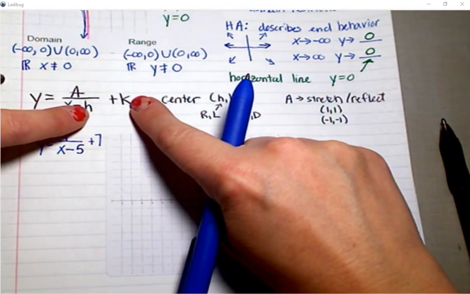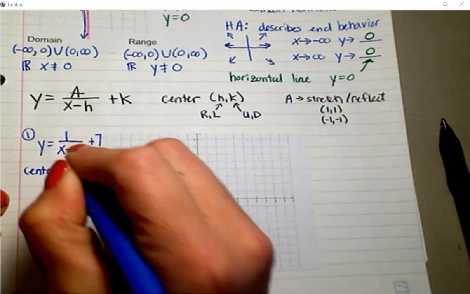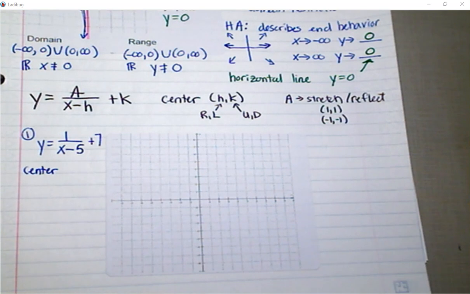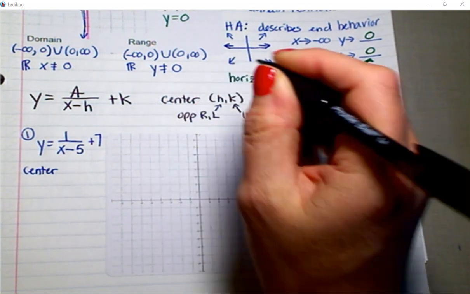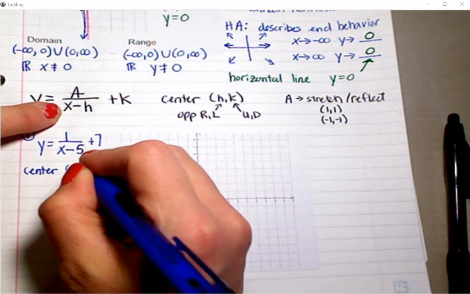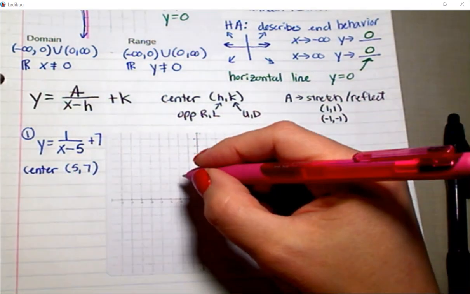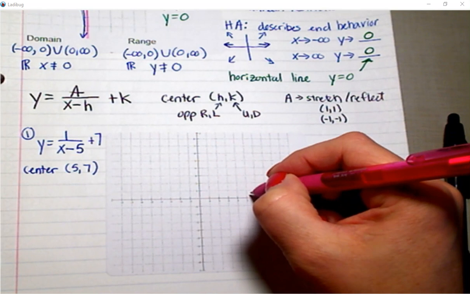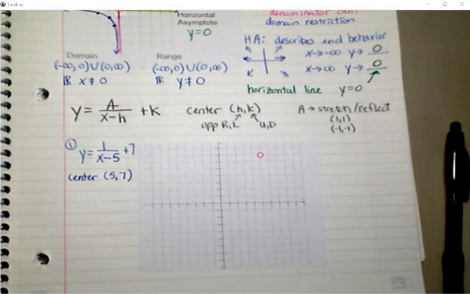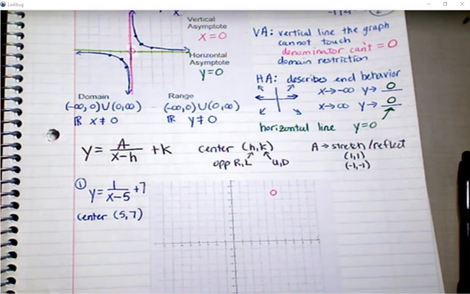Okay, so I'm going to compare. This tells me that the center, notice that this is going to be opposite, so I'm going to add that word up here, is going to be right 5, up 7. So that's the center, and I'm going to mark the center, right 5, up 7. Now notice in our parent function up here that our asymptotes go through the center.